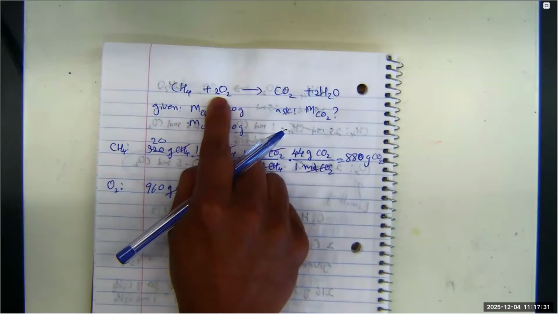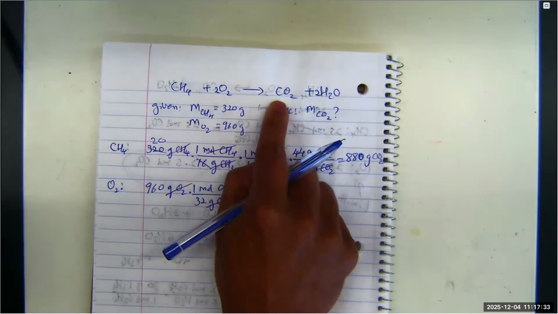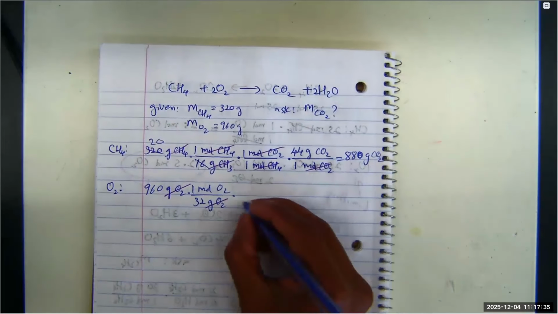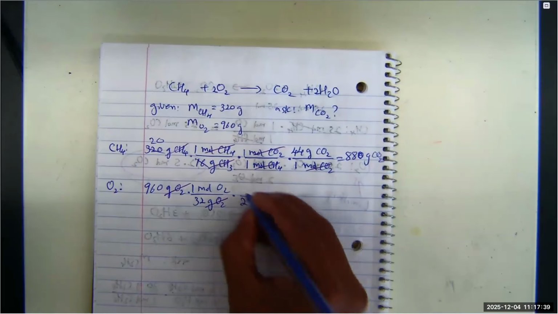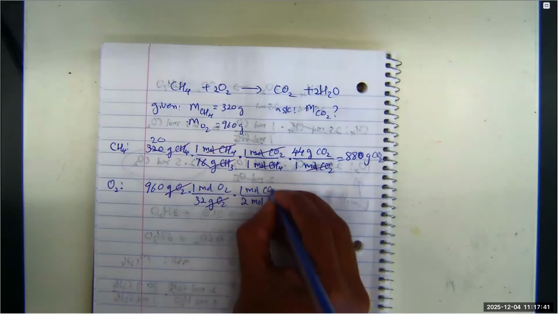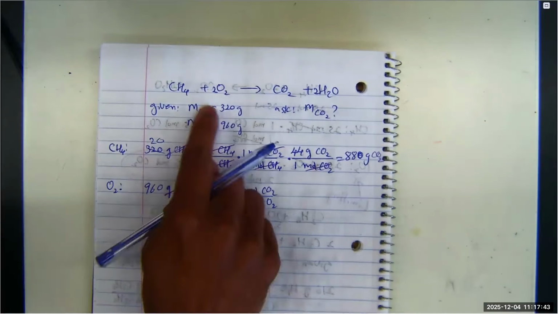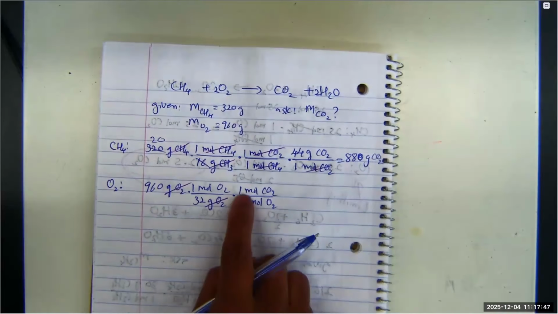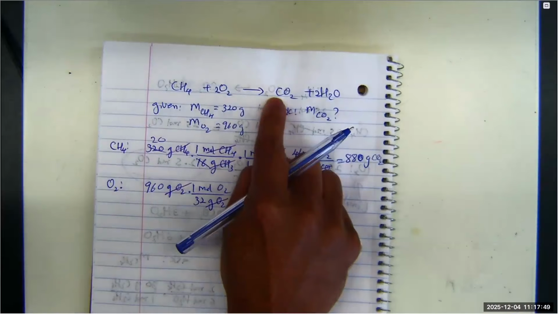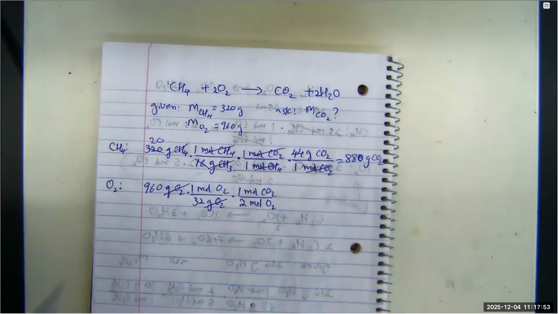So I see from the balanced chemical reaction, with 2 moles of O2, I'm going to get 1 mole of CO2. I'm going to write that out now, okay? Where did this 2 come from? That's the coefficient in front of oxygen. And this 1 came from the coefficient in front of CO2.